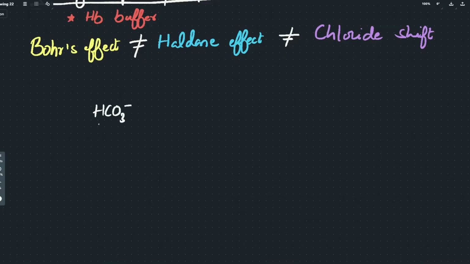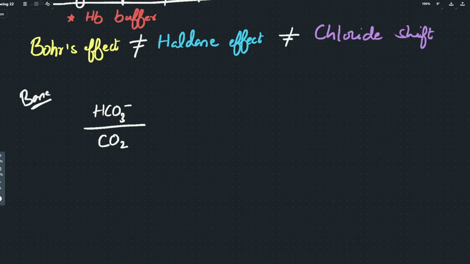And it has the base fighting part, which is the acid part, H2CO3, or we can replace H2CO3 with CO2 because these are directly in sync with each other, right?